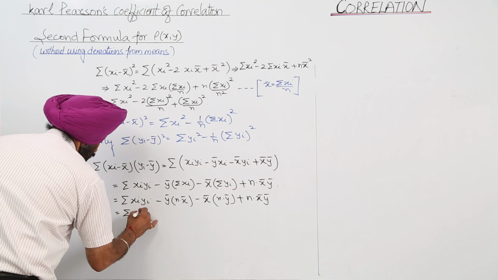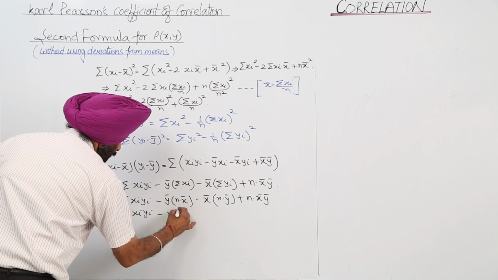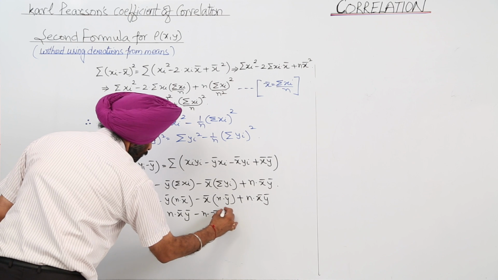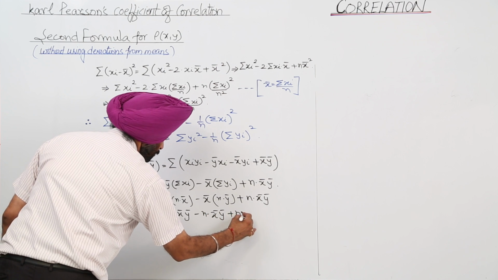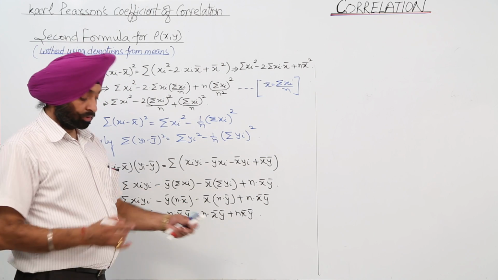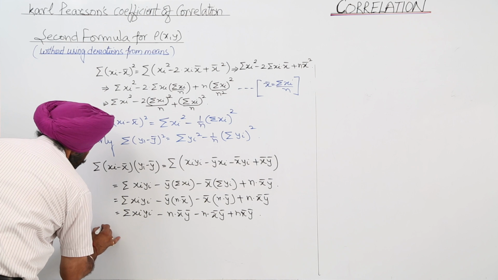That is xi yi minus n times x mean y mean minus n times x mean y mean plus n times x mean y mean. Now these two are like terms. So what are we left with?